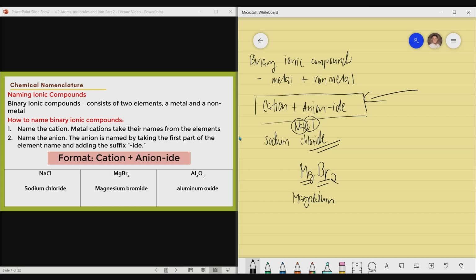So I'll be taking the first part of the element's name, brom, and then I will add the suffix IDE, bromide. Therefore, my answer for MgBr2 is the name magnesium bromide. Same thing with Al2O3. This will be aluminum oxide. Just remember the format. You have cation plus anion and then suffix IDE. Okay, very easy.